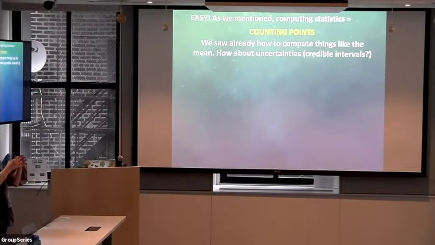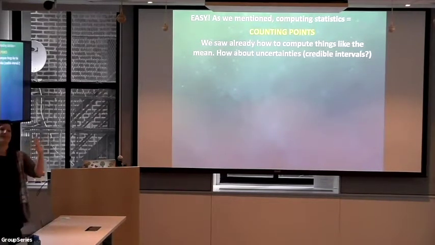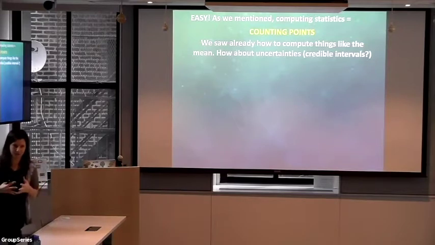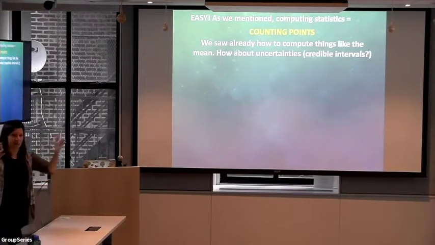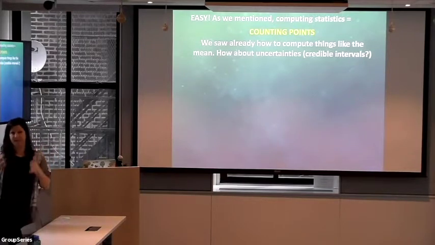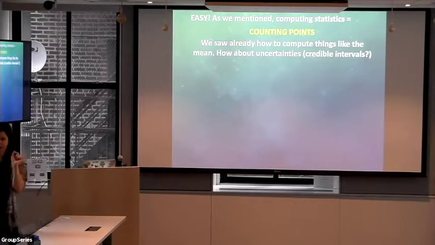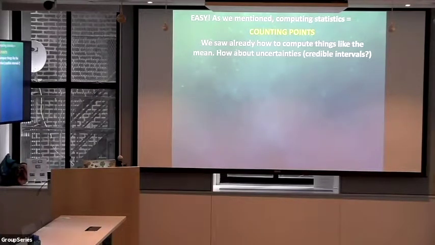But then we also want to mention a range, something that we call credible intervals, right? For example, the 68% region, 95% region, which means that you believe that approximately 2/3 of the time, or approximately 95% of the time, 19 times out of 20, your true value of a parameter will lie within a certain interval.